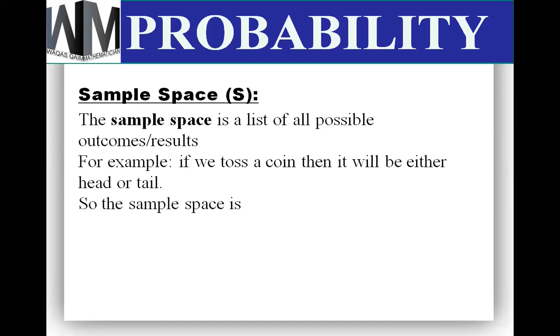How can we write these as a sample space? The method or the pattern of writing the sample space, you can see on the screen, is S equals brackets, the list of all possibilities, and then bracket close. This is called set notation. So we write sample space in the set notation. This is the sample space in tossing a coin.